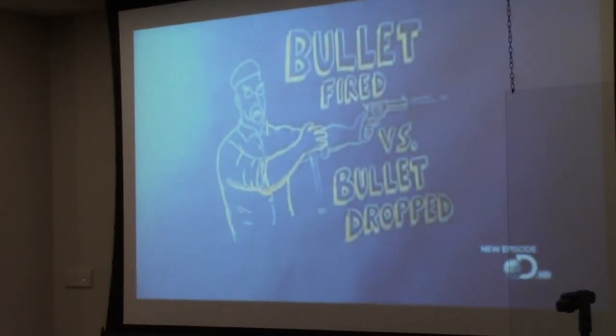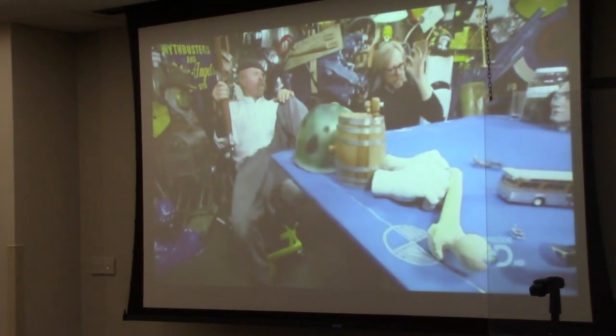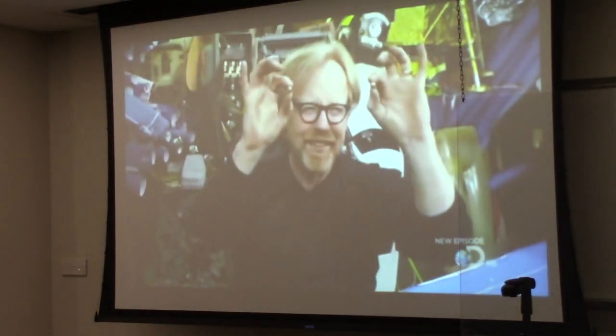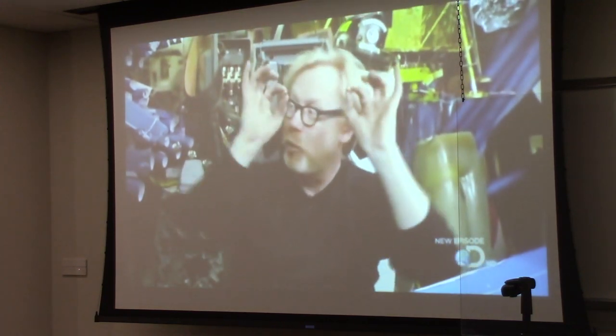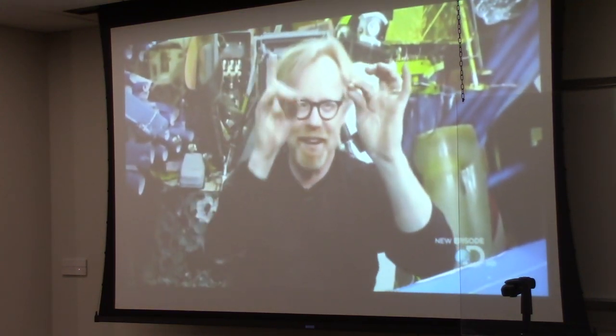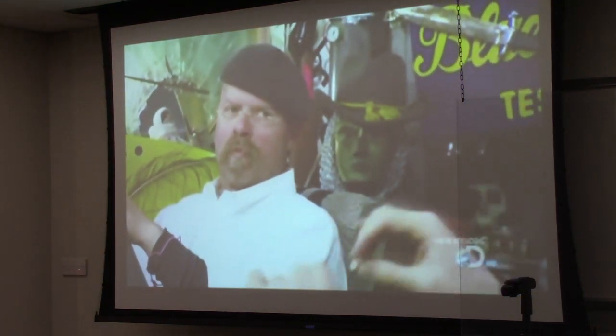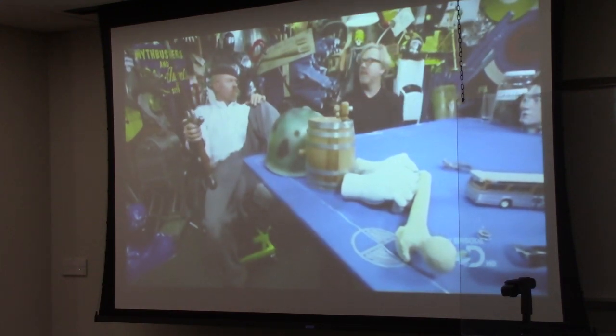These are the Mythbusters. What you got there? This is a good one. Picture two bullets, each exactly the same distance from the ground, each released at the exact same second. One bullet is dropped to the ground, the other is fired from the gun. The classic physics law experiment states that both bullets will hit the ground at the same time.